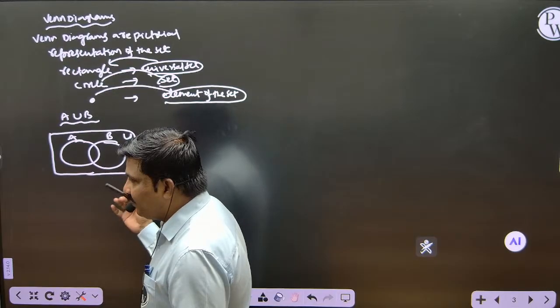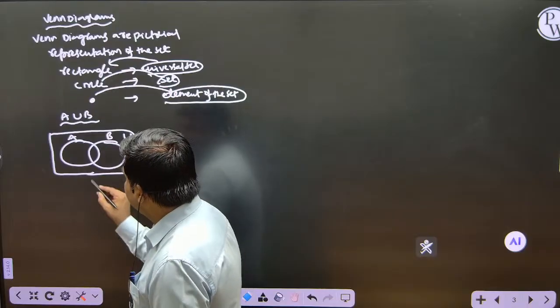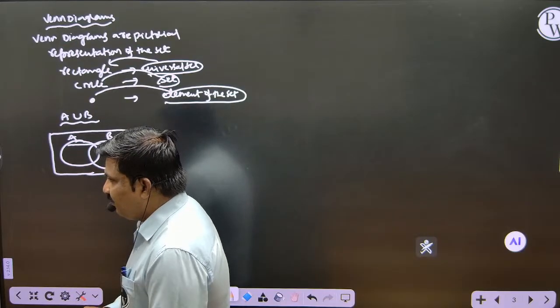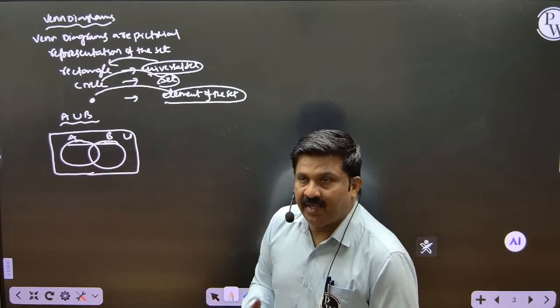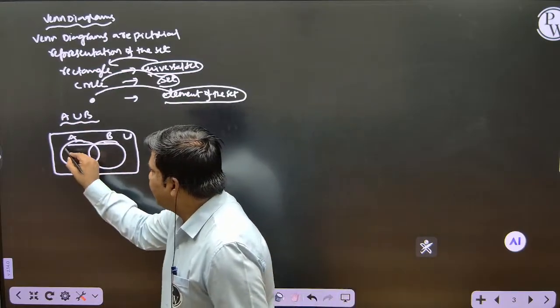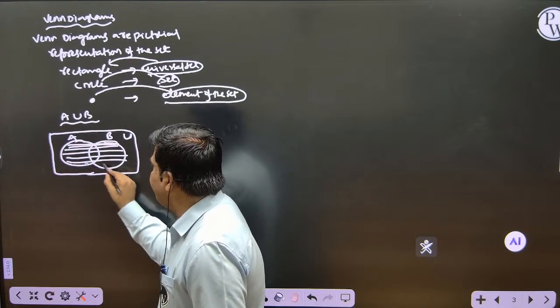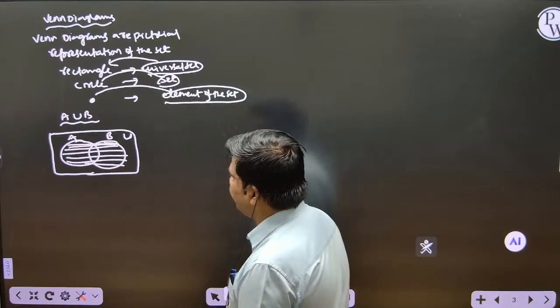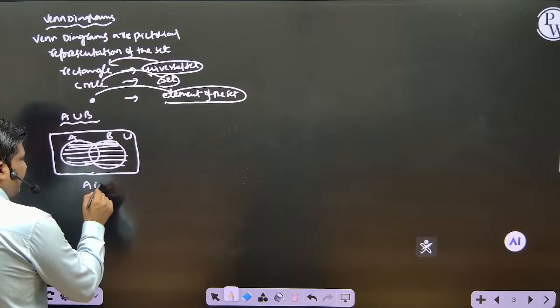Now A union B means a joining of A and B. We are going to join the elements of A and B. So this total part gives A union B. But what is A intersection B? The representation of A intersection B.